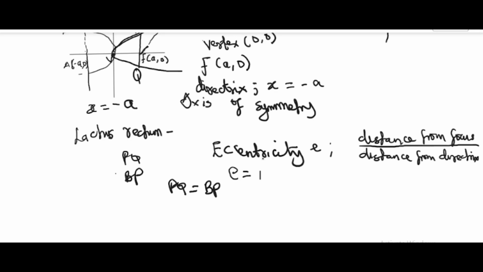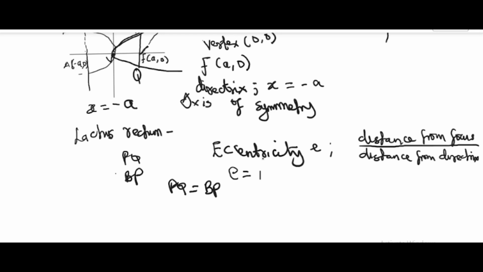So that is to say that the parabola is actually the balance between the hyperbola and the ellipse. Remember that the ellipse is usually less than 1. It lies between 0 and 1, but it has to be less than 1. While the hyperbola is usually what? Greater than 1. So that balance that makes one less, one greater is what? The parabola, which is usually equal to what? Equal to 1. All right.